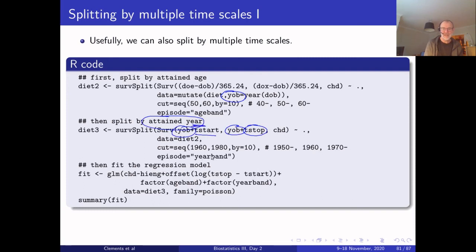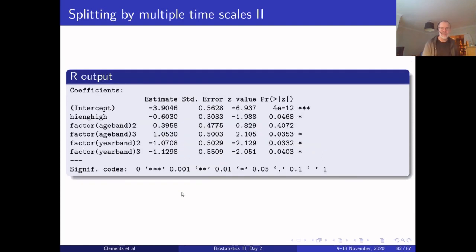So, we basically end up having variables for age band and year, and then we do factor age band and factor year here. And the summary from that shows that year is significant. The third age group, age band 3, is significant, but this is not. So this means that we can adjust for both attained age and attained year, or you could do attained age and time on study.